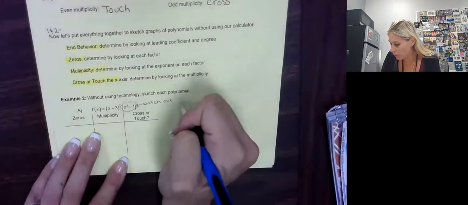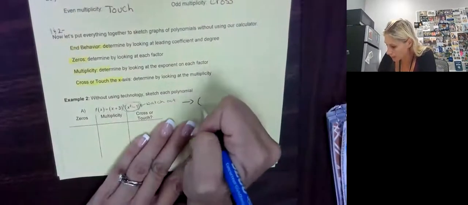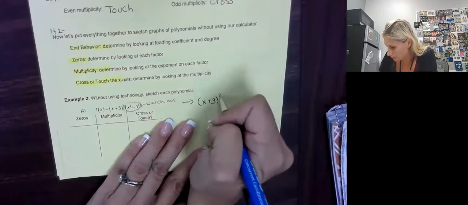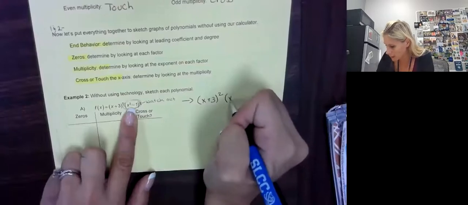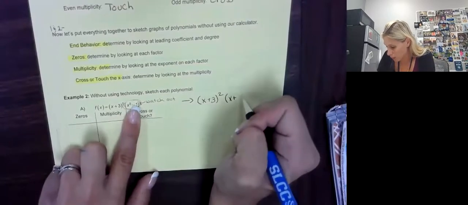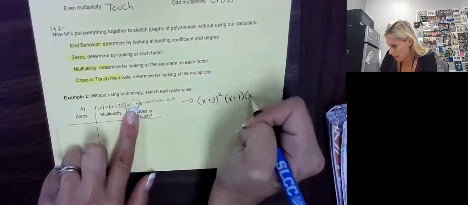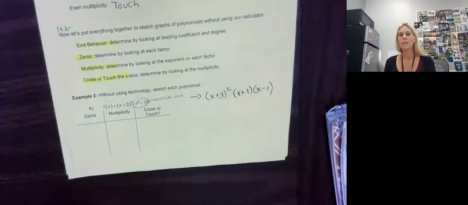So before I even fill out this chart, I need to expand this. This is x plus 3 squared. And if we do the difference of squares here, we have x plus the square root of 1, which is 1, and x minus 1. Okay. Let's fill out the chart, and then we'll do the end behavior.